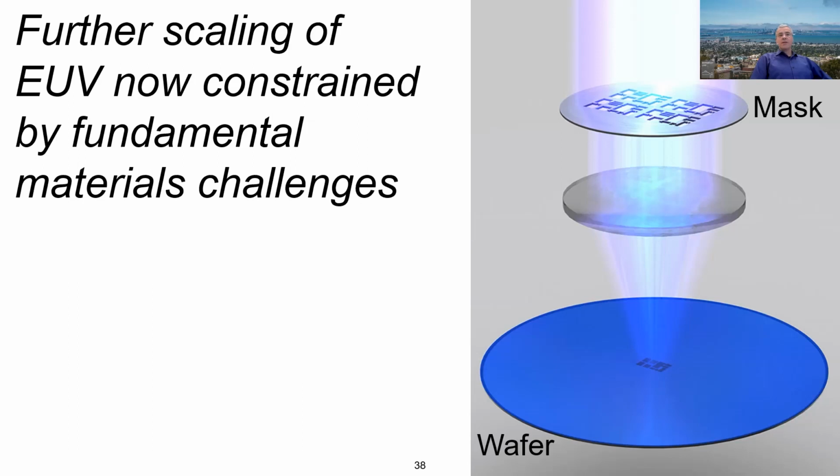So we need fundamentally new materials to make this happen. And that's both on the mask as well as on the wafer, where we have this film that needs to record this image. And we're going to need to now record this image at fidelities that are nearly at the atomic level. So to address these questions, we've now started developing a new set of beamlines at the ALS, as shown on the next slide.